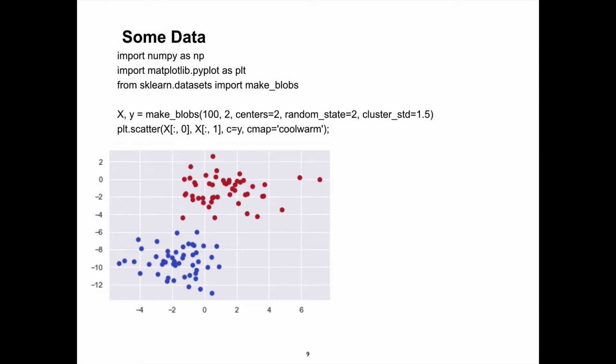So here's our data. We've got 2 separate groups, one red, one blue. And so our goal is now, given other data, how can we use Bayes to actually determine which group it's going to be in, the red or the blue?